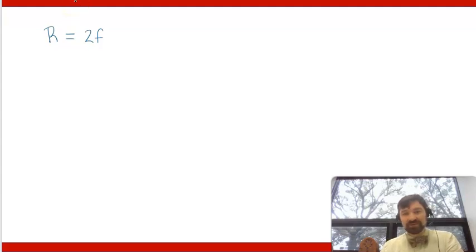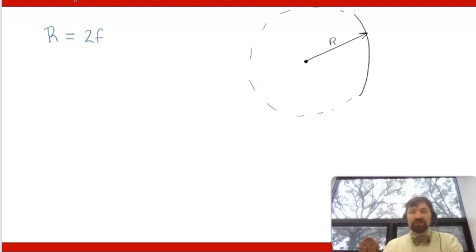The argument basically goes that if you have a mirror over here, let's say, and it has a radius of curvature centered here, so here would be my R. Now let's imagine that I have a ray incident this way, so it hits just where this radius of curvature line is hitting.